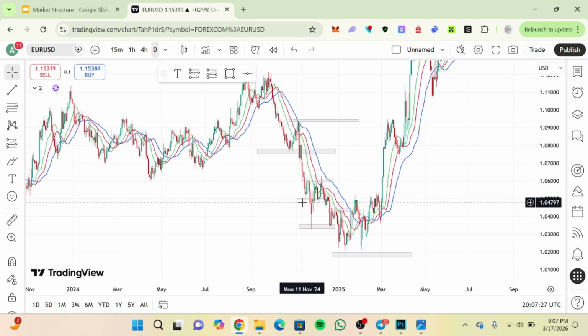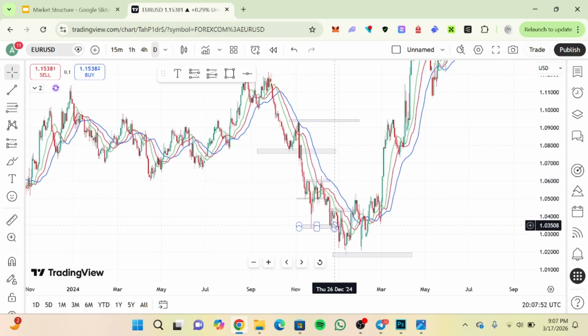And then there is this low that was here. Price moved up a bit from there, and then it came back and broke below this low. So again, the trend continued, came down all the way here, went up again, tested these highs, and started coming down.